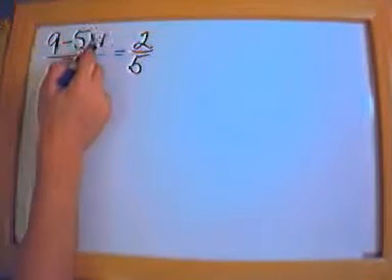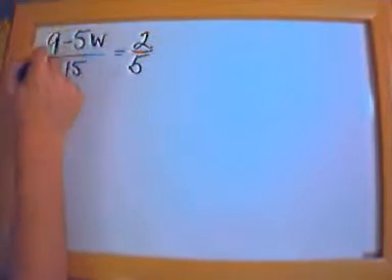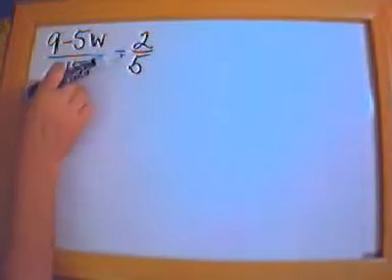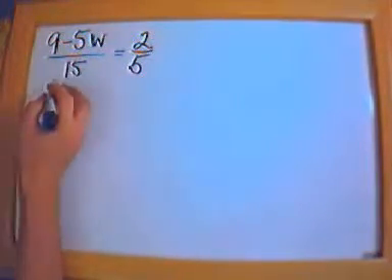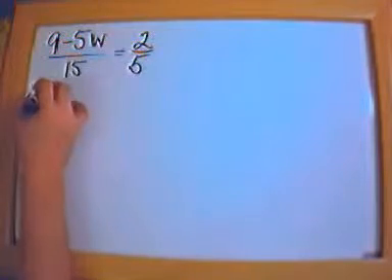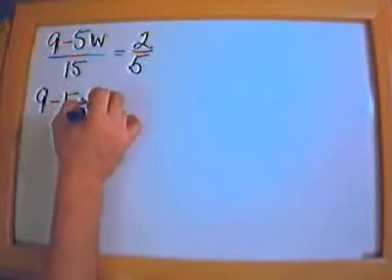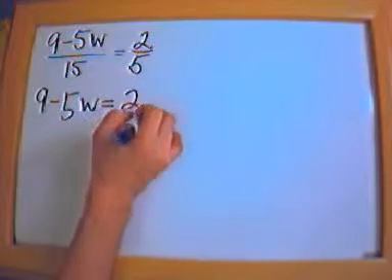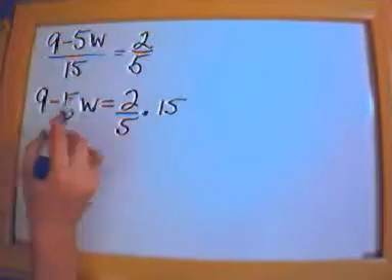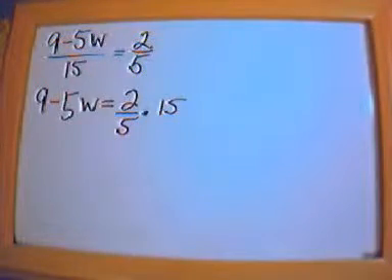Because of the order, 5 times w, then you've got this subtraction going on, then you've got the whole thing divided by 15. I'm going to get rid of the 15 first. I'm going to multiply both sides by 15. That's going to leave me with 9 minus 5w is equal to 2 over 5 times 15. I've multiplied both sides by 15.